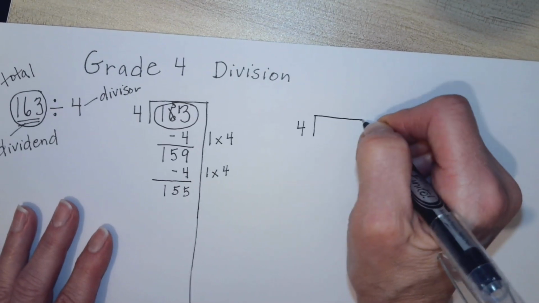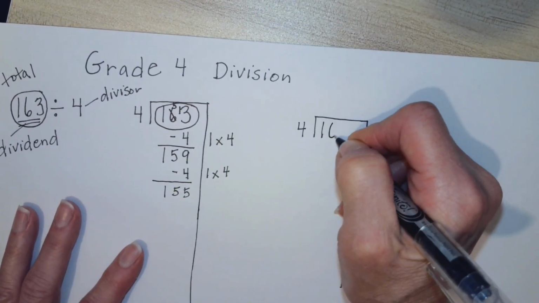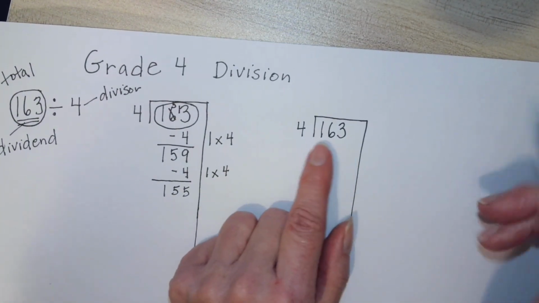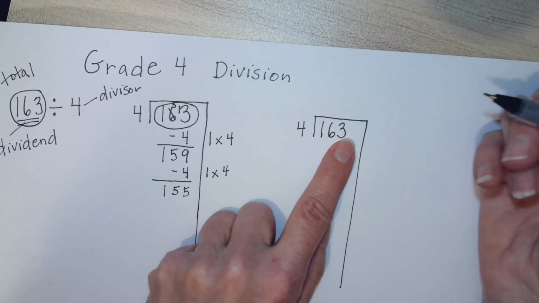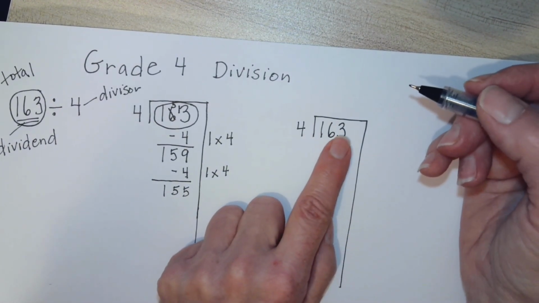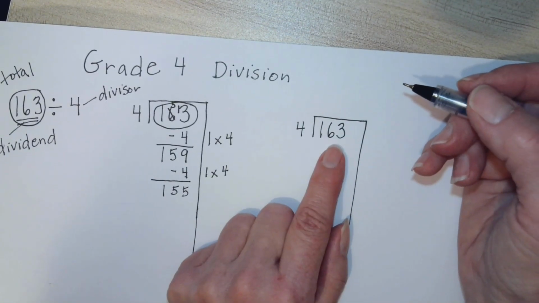So I'm going to write my problem again. And again, I'm going to remind you that what this is saying is how many 4s can go into 163, or how many groups of 4 can I break my 163 total up into?